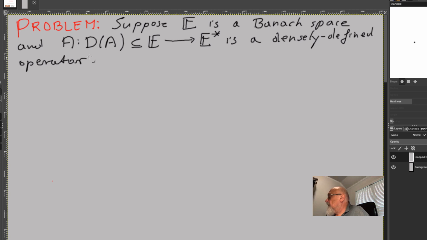Suppose that A is a densely defined operator.